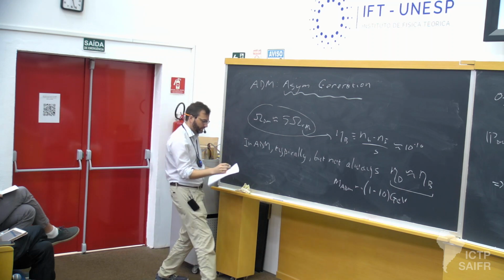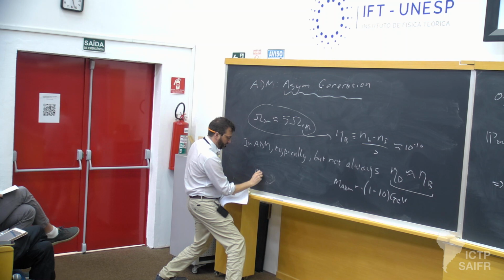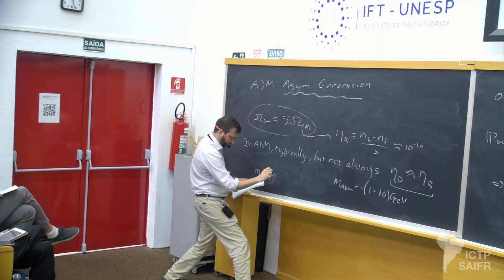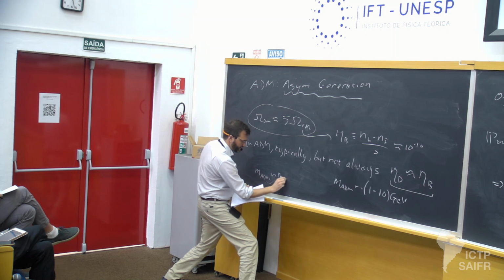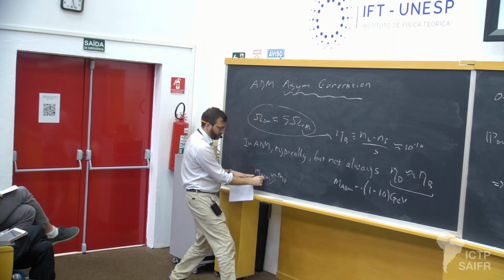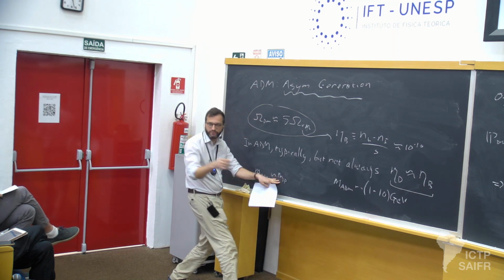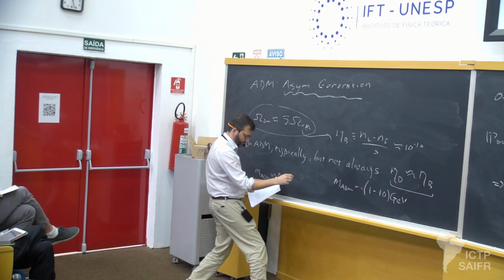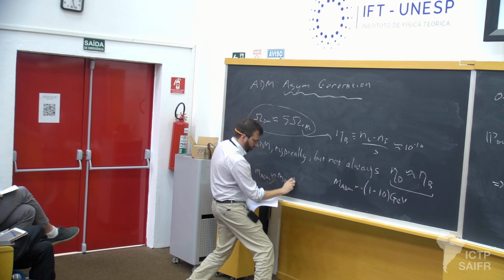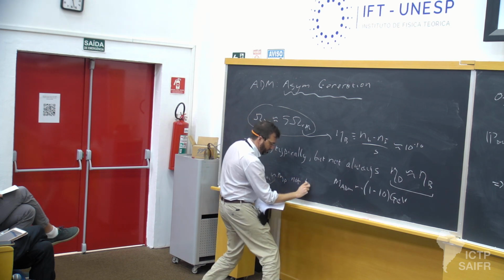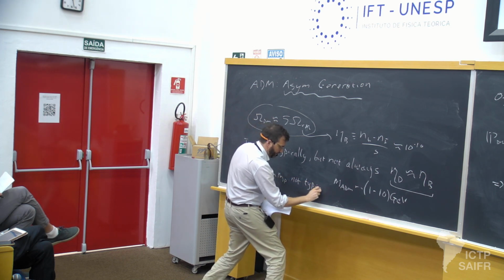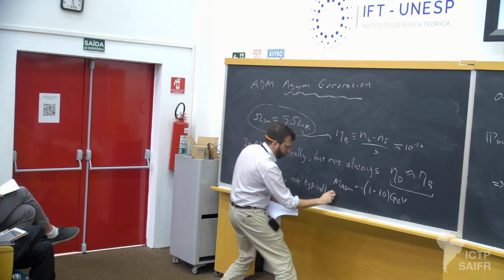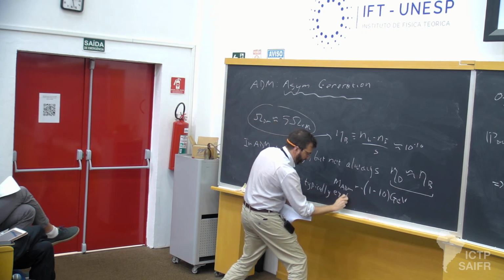Because in asymmetric dark matter, the relation between the mass of the asymmetric dark matter and the proton mass, which is coming from QCD, is not typically explained.